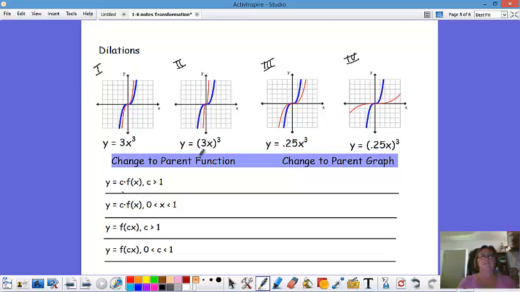A constant, well, that's just a number, bigger than 1. So I'm thinking that that's this one. This first rule applies to that graph. And if you look at the change from the parent, when we multiplied the function by 3, we actually drew it in towards the y-axis. This one is called a vertical expansion.